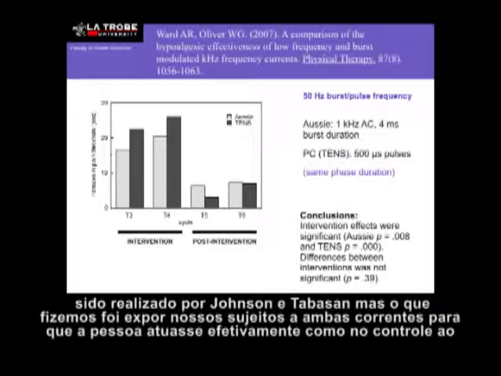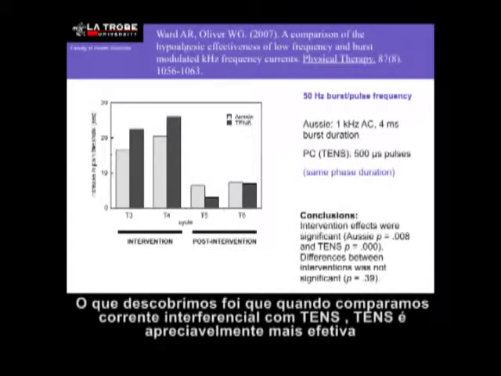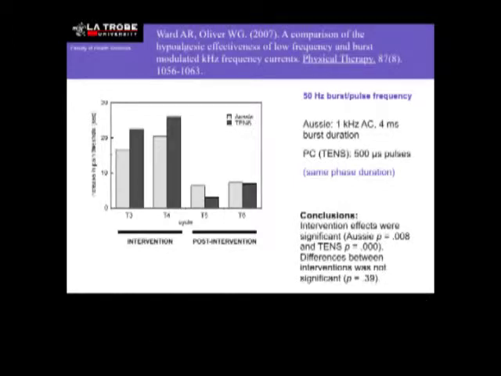But we were exposing our subjects to both forms of current so that the person was effectively acting as their own control, rather than having an independent groups study. And what we found was that when you compare interferential current with TENS, the TENS is appreciably more effective.